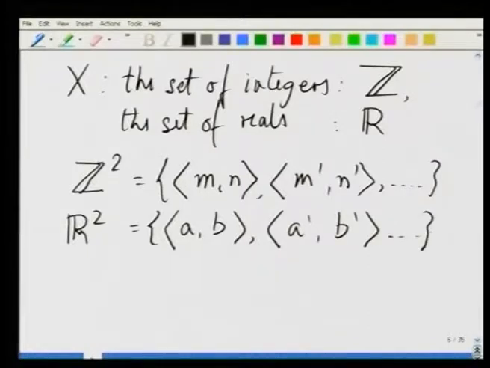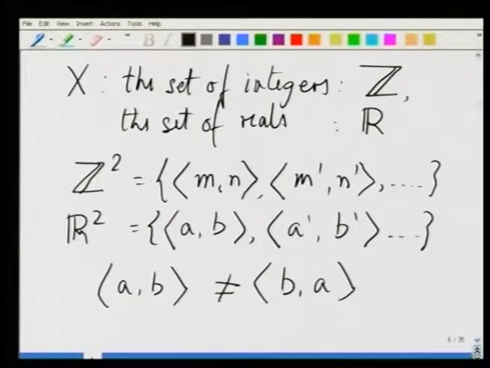Remember the most fundamental property of an ordered pair. This ordered pair is not equal to this ordered pair. They are fundamentally different objects. However, that is just to remind you, I guess everybody knows that stuff.